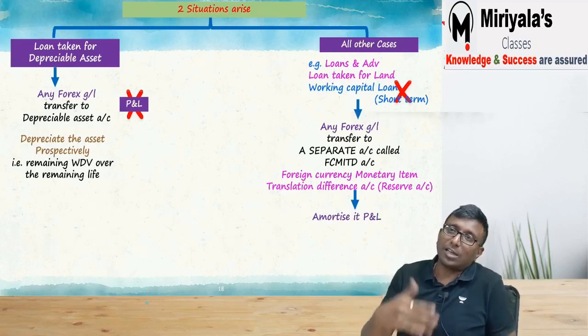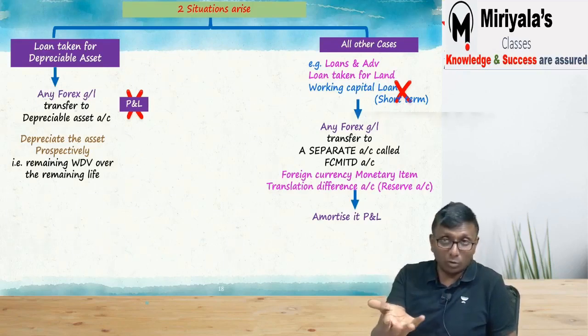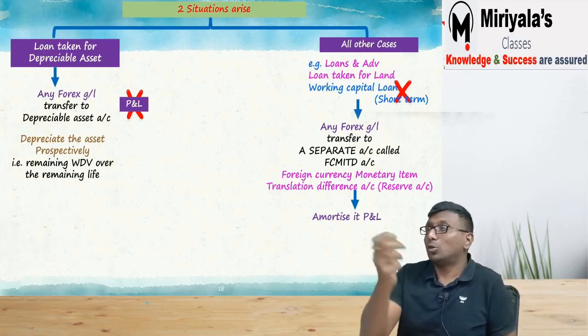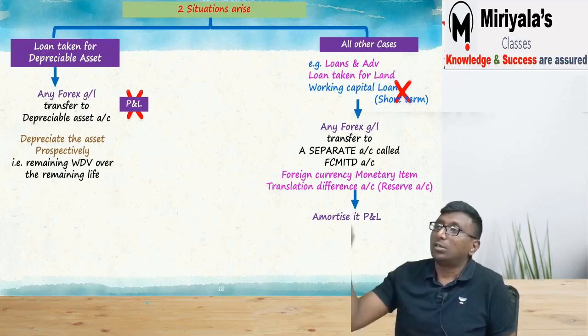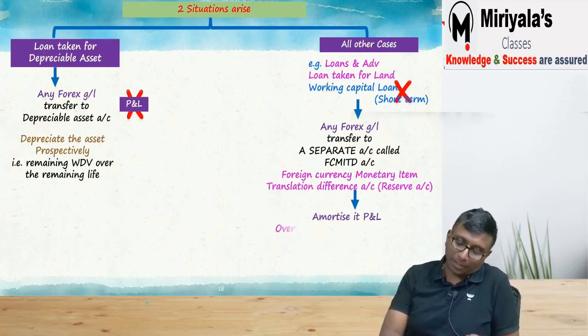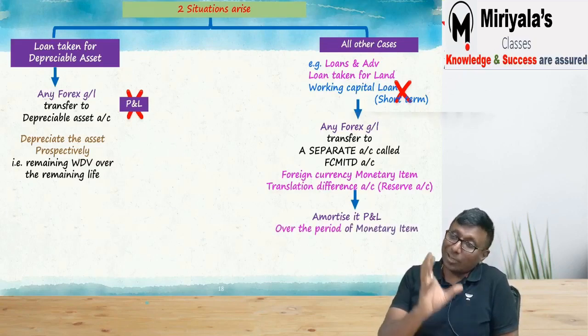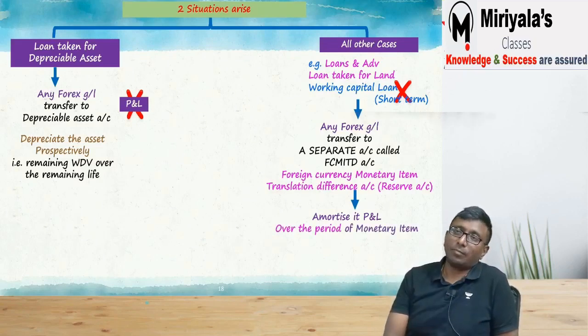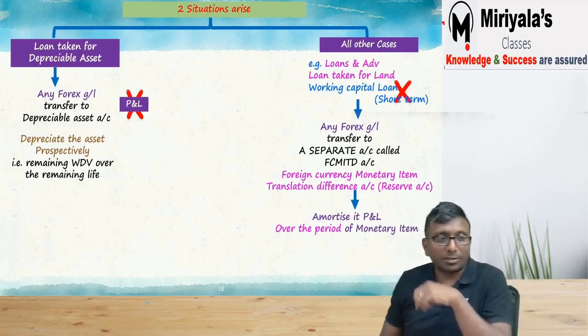Sir, I gave loans and advances to somebody. Good. What is the loan period? 3 years, sir. Amortize it in 3 years. That's all. Understood? Yes. Amortize it over the period of the monetary item. That is transferred to profit and loss statement.